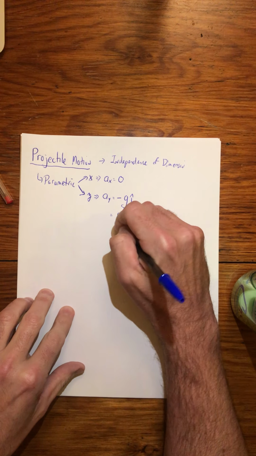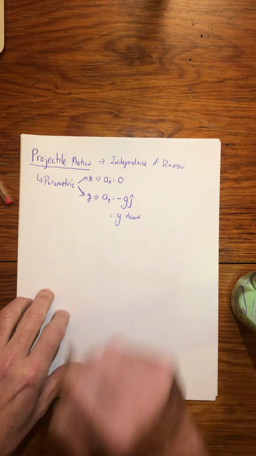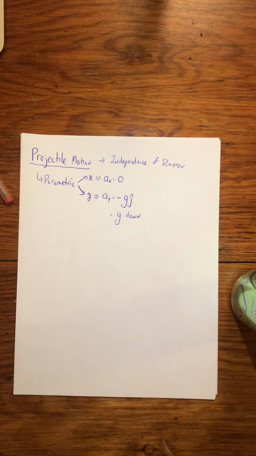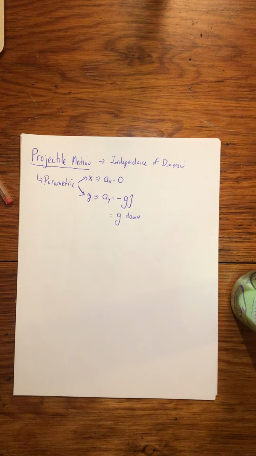Or I could say g down if I want to take my declaration and make down positive. But that is the formal way of saying it. So there's a constant vertical acceleration, but a 0 x acceleration. And that's the main thing of the projectile motion bit. And then we're just going to go from there.